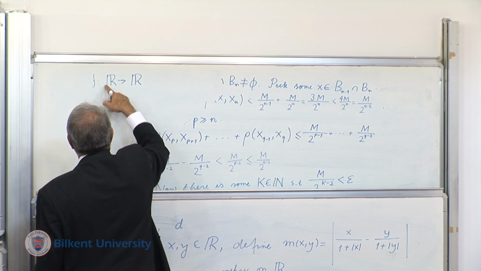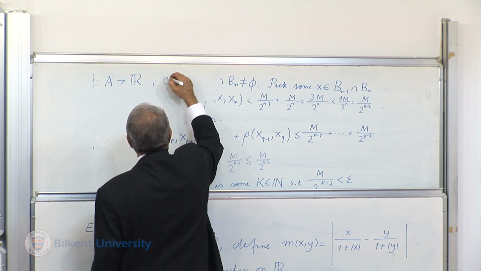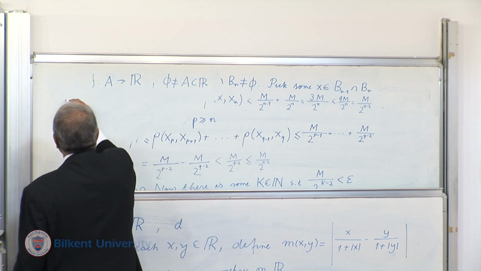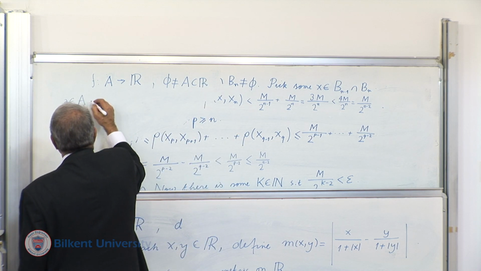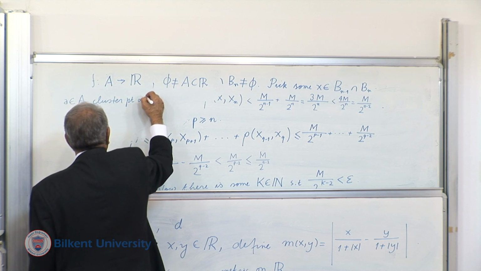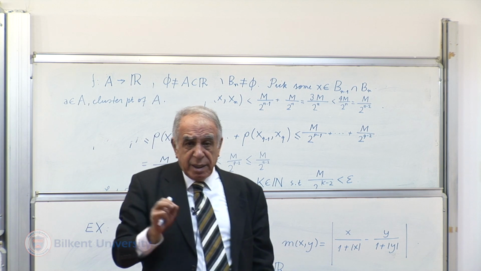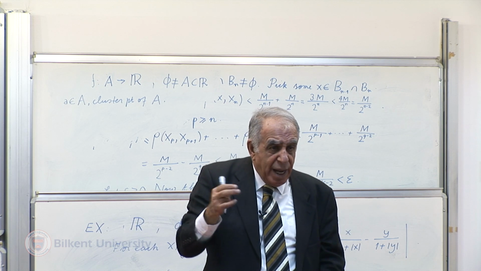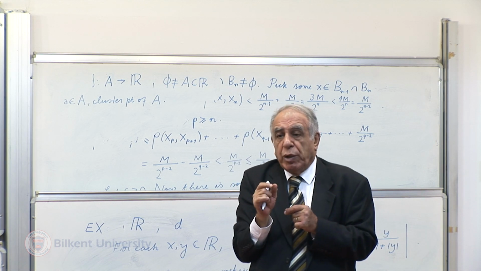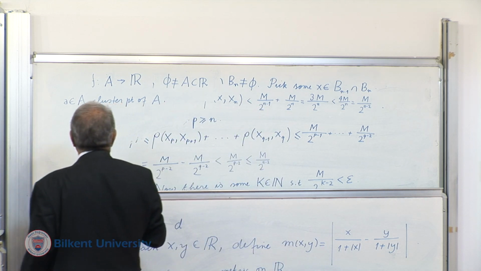Or let me again take it on A to R, where A is a non-empty subset of R. Now we can take a in A, but also a cluster point of A, because if I wish to define the calculus derivative of f at a, a has to be in the domain, but it also should be approachable via points in capital A, so a cluster point of this.